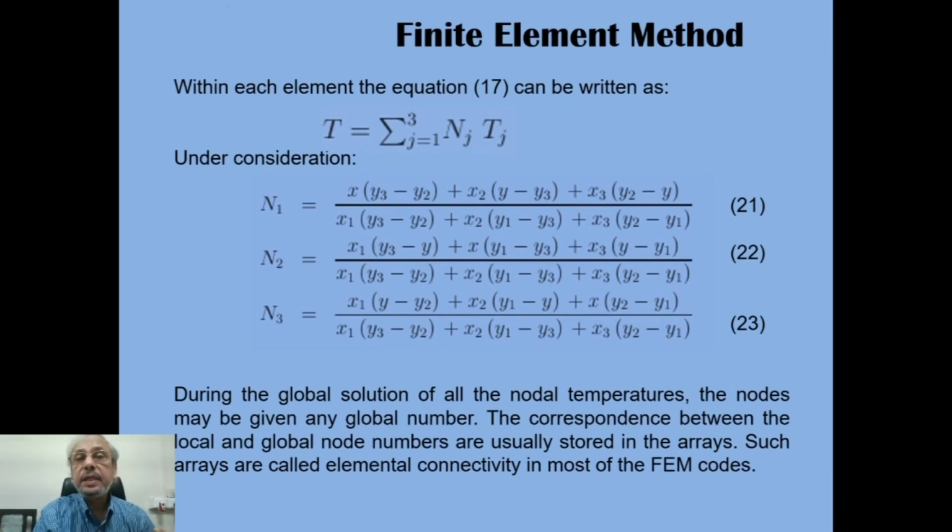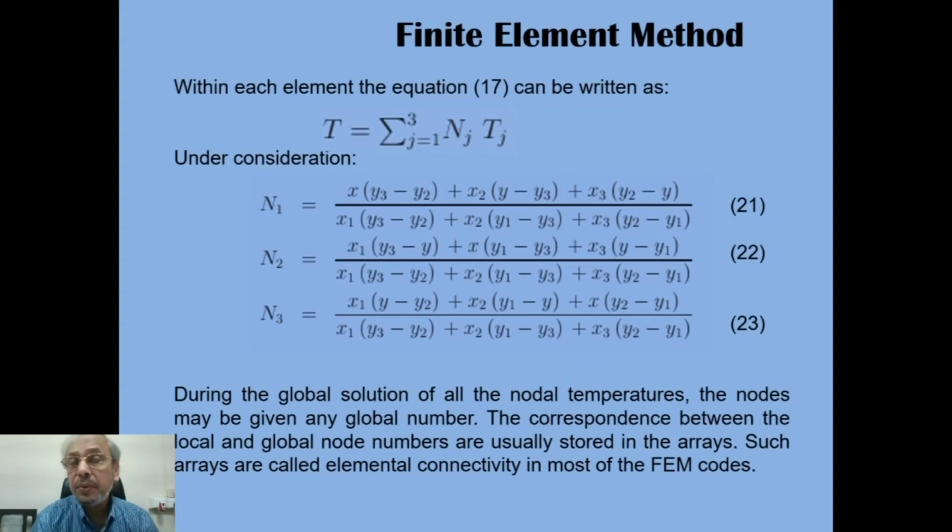See, in finite difference or finite volume, you have seen the points are expressed as ijk or ij. So all the variables are defined by the subscripted array ij or ijk. But in finite element, the points are not defined that way.